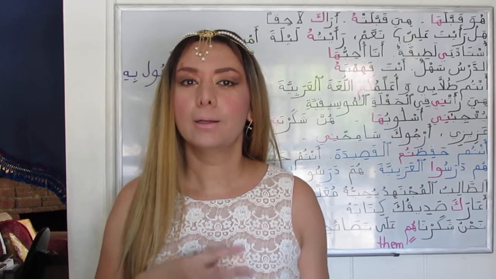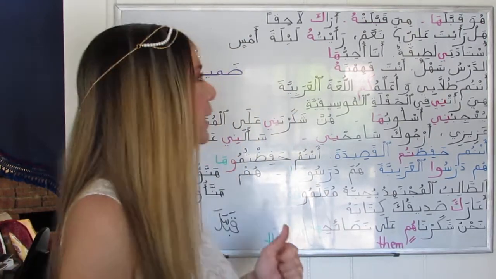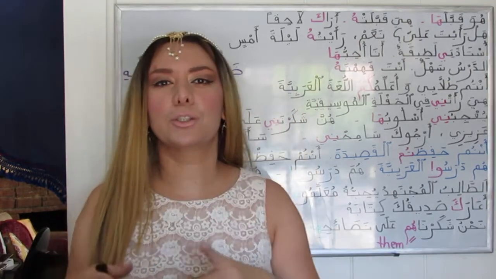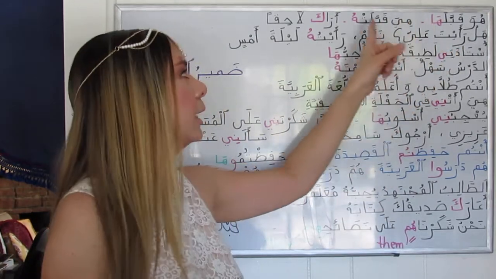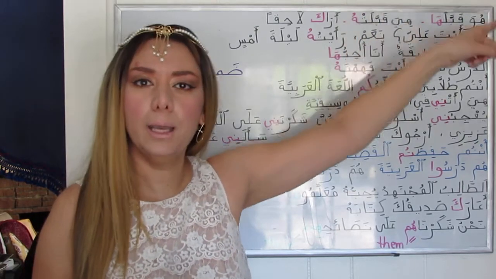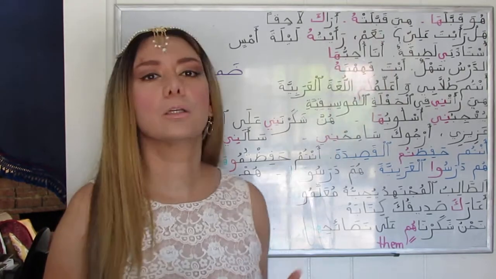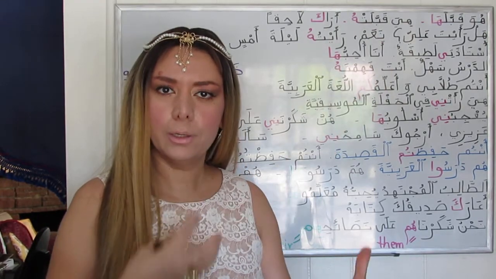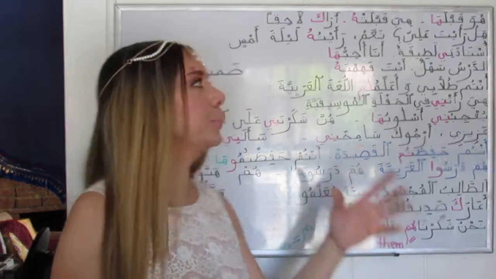That's why there is a complaint going on with the object pronoun. Now we understand why it was complaining. Here we switched. The subject is هي, she, and the object is him. So she is doing the action and he is receiving the kissing. So هي قبلته. She kissed him.